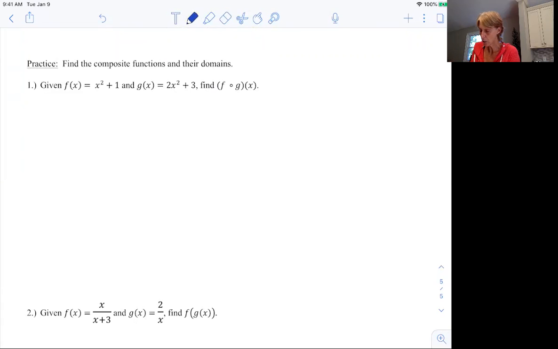Composite function and domains for each. G of x. I may talk to myself while I'm doing it. Okay. 2x squared plus 3. So I'm plugging.